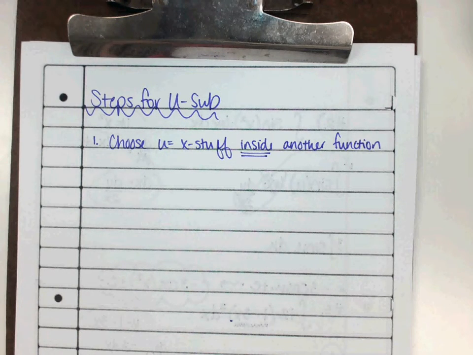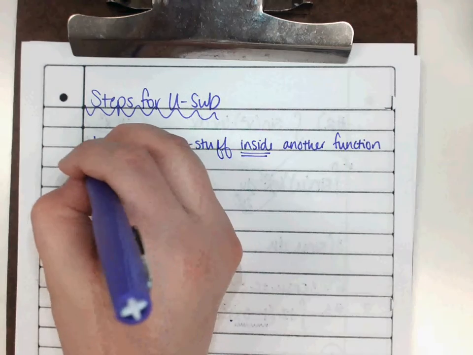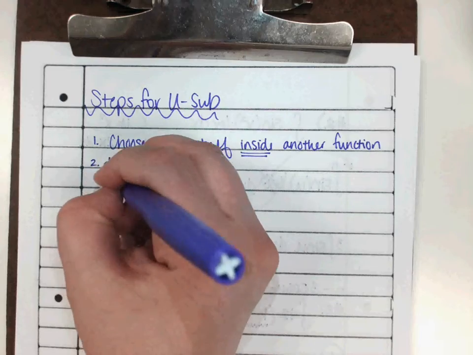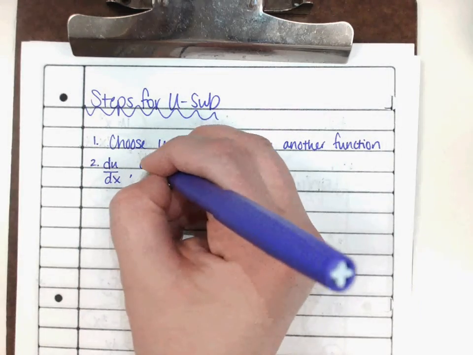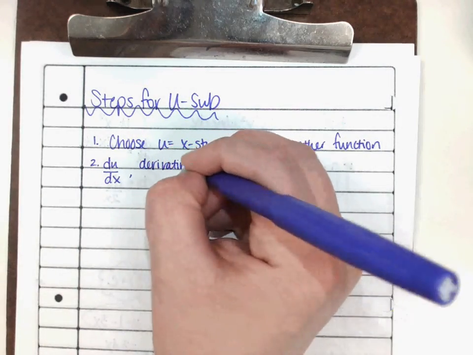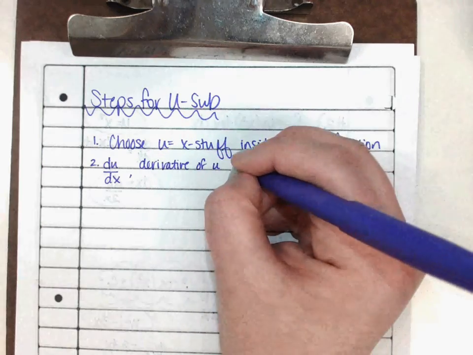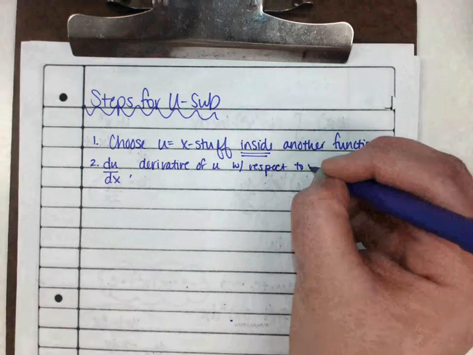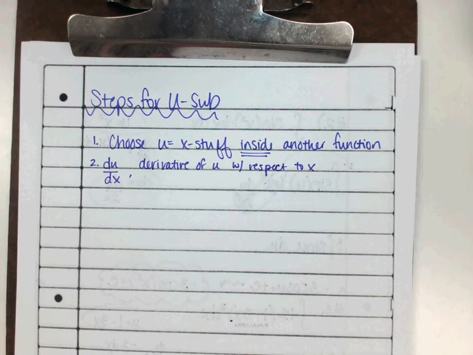After I choose my u, step number 2, I'm going to find du dx, which is the derivative of u with respect to x.